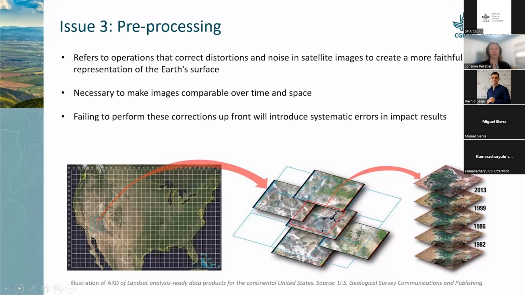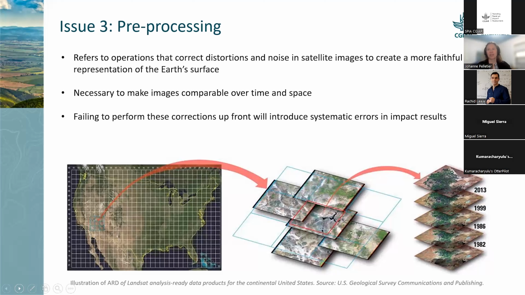But as soon as your study area is greater than one image, or you're looking at the change over time, then pre-processing is mandatory to avoid introducing bias in your analysis.